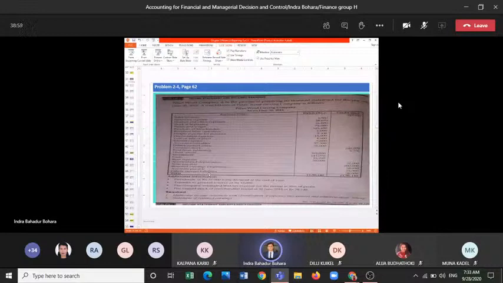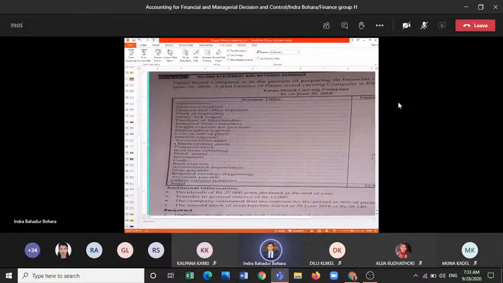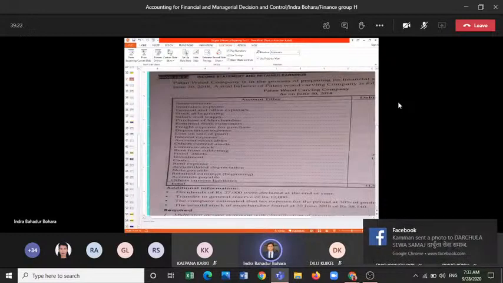Loss on sale of plant is another operating expense. Other items like accounts receivable, other current assets, common stock, fixed assets and cash are balance sheet related points, so not recorded.